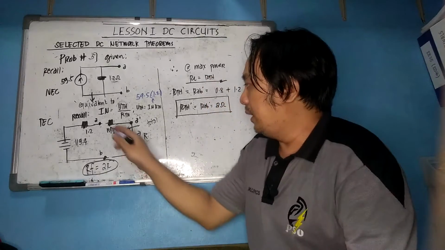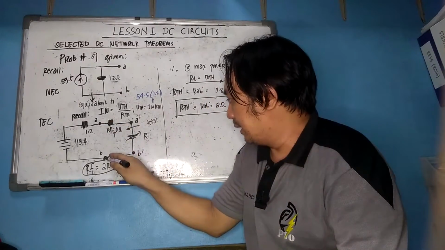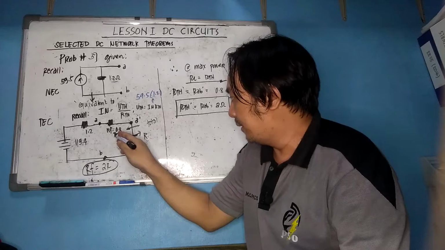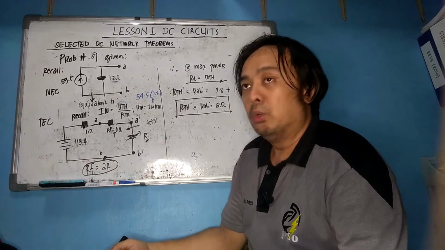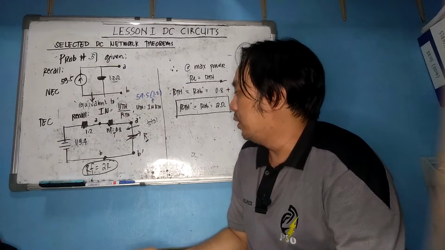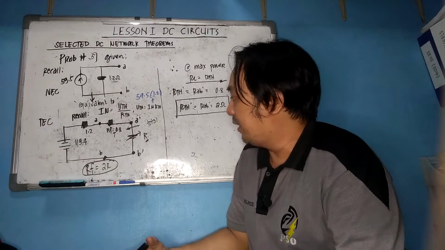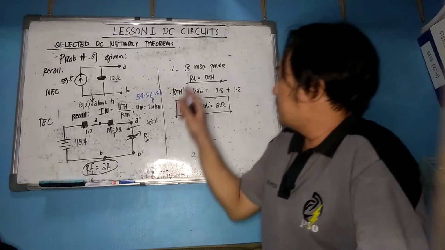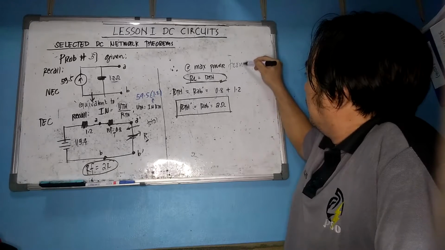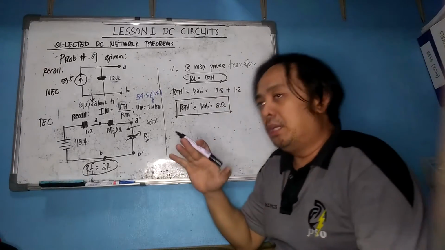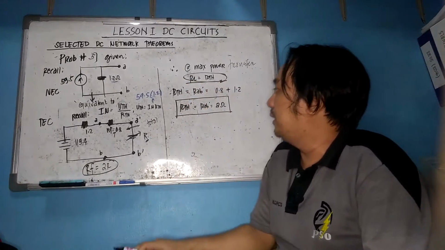Now we need to connect those points there with the RF feeder resistance and the R, which is your load. So assuming that is your load, which is a variable load, we already described in maximum power transfer that the load resistance RL is equal to RTH.